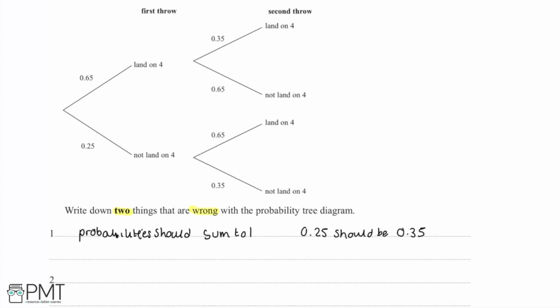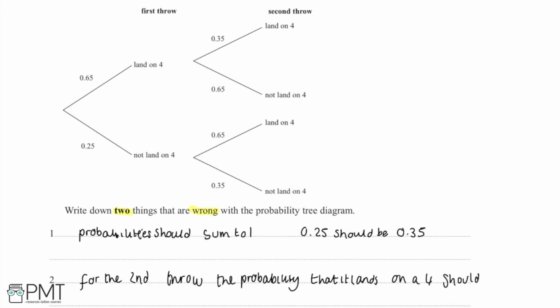And then secondly, that for the second throw, the probability that this dice lands on a 4 should be 0.65, not 0.35 that it says in the tree diagram above.